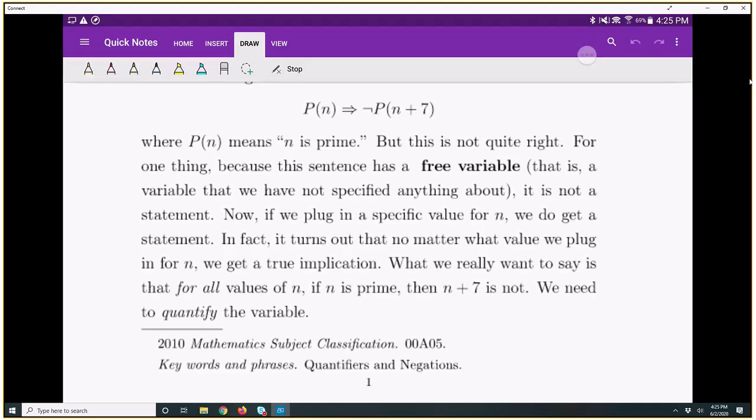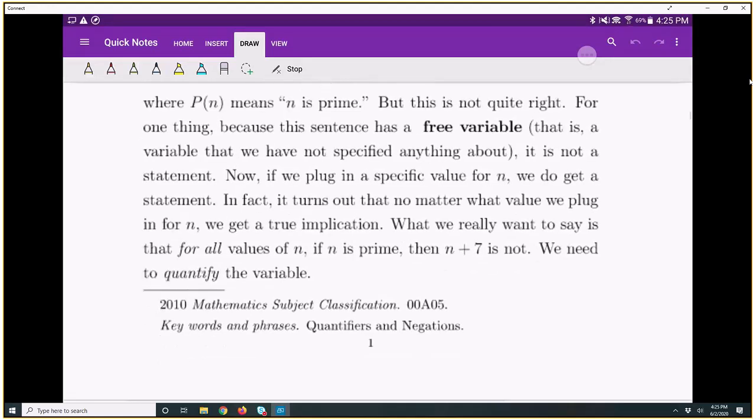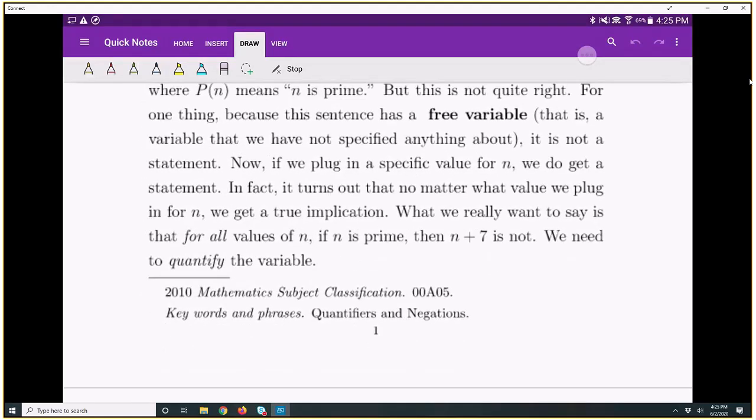If we plug in a specific value for n, we do get a statement. For example, if we said 5 is a prime, then 5 plus 7 is not a prime. We plugged in a value for n, and we get a statement, and it turns out that it's a true statement. In fact, if we plug in any natural number for n, we will get a true statement.